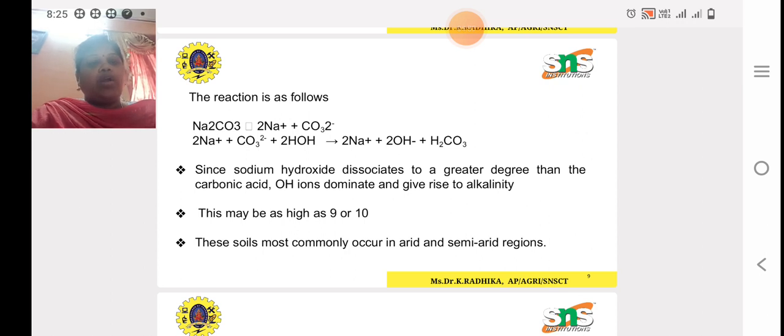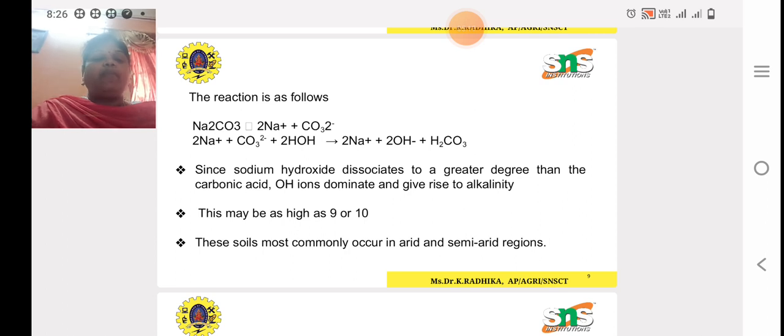Carbonic acid has a lesser degree of dissociation compared to sodium hydroxide. So the pH may be as high as 9 or 10.